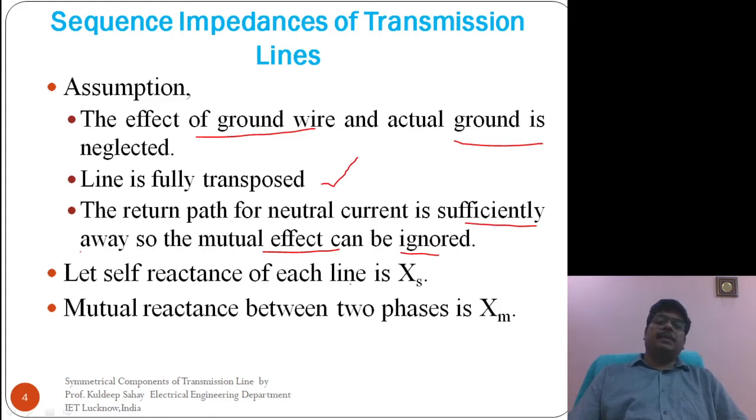Now let us assume that self-reactance of each line is Xs, while mutual reactance between two phases is Xm.